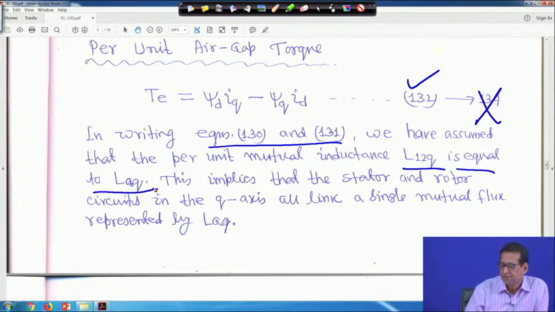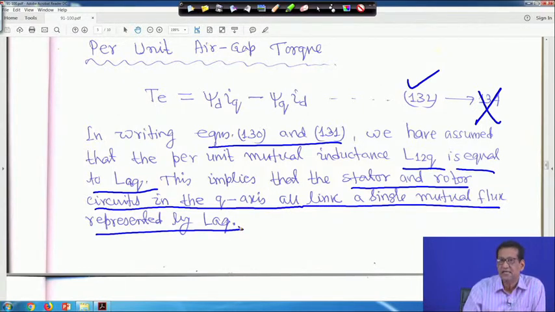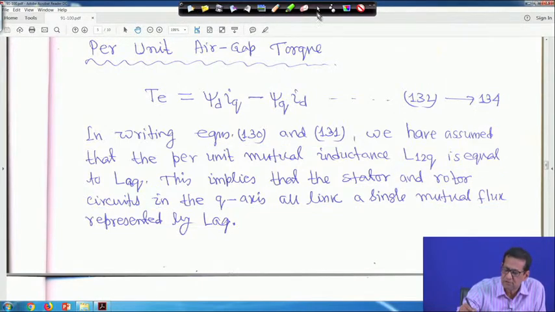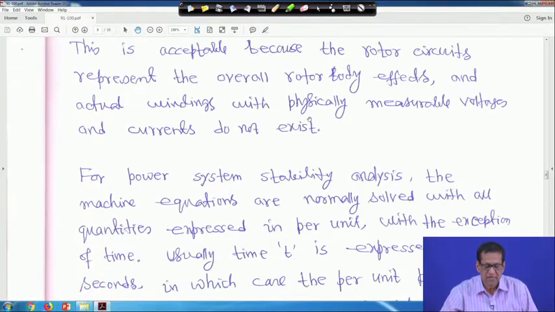This implies that the stator and rotor circuits in the q axis all link a single mutual flux represented by LAQ. This is acceptable because the rotor circuit represents the overall rotor body effects, and actual windings with physically measurable voltages and currents do not exist.